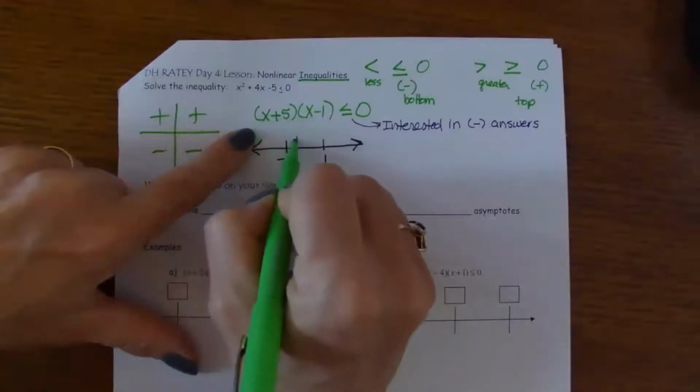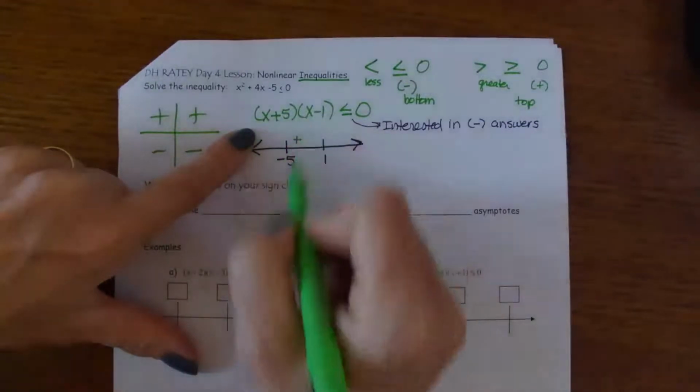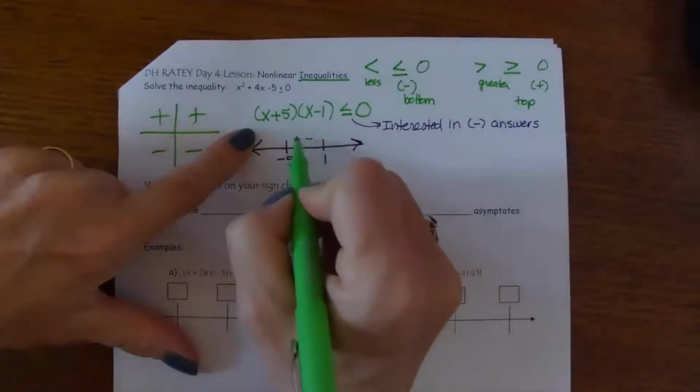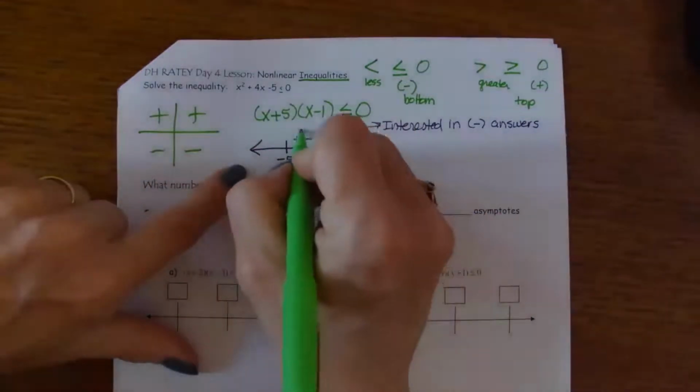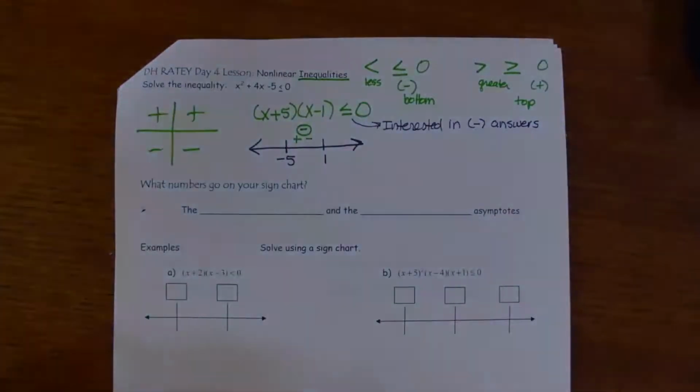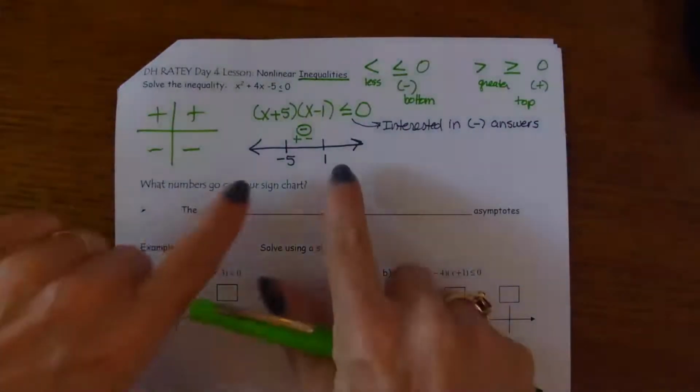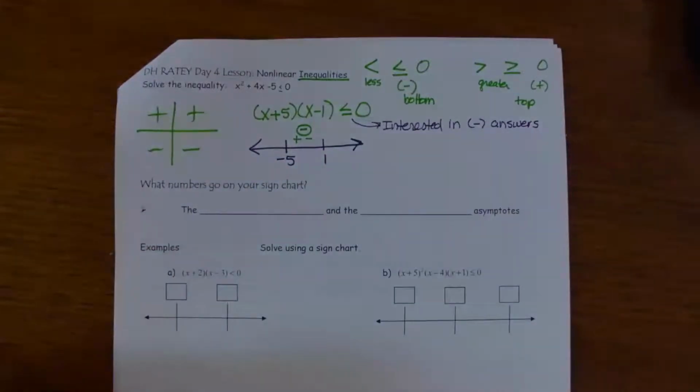0 plus 5 is positive. 0 minus 1 is negative. And what's the outcome if you multiply a positive times a negative? Negative. Now, he who does not understand his math will have to plug 2 more points in and figure it out. He who understands already knows what the other signs are. What are the other signs?